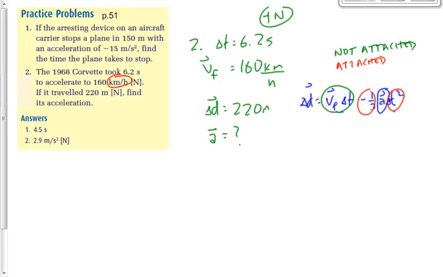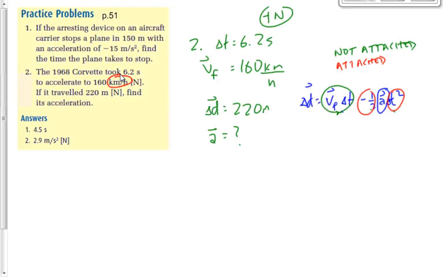How do we take over something that is added to the -1/2 AT squared? Some of you might look at this and say, no, wait, it's subtracted. No, it's not subtracted, it's added. The -1/2 AT squared is subtracted. This is added. So how do we take something that's added over to the other side? We do the opposite to it.